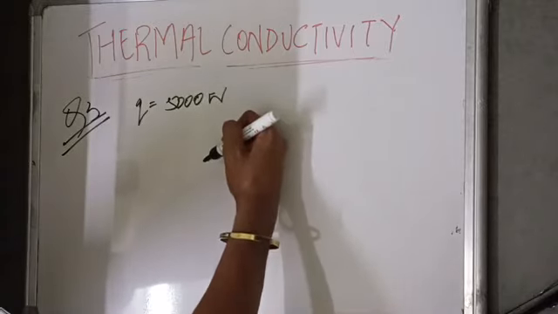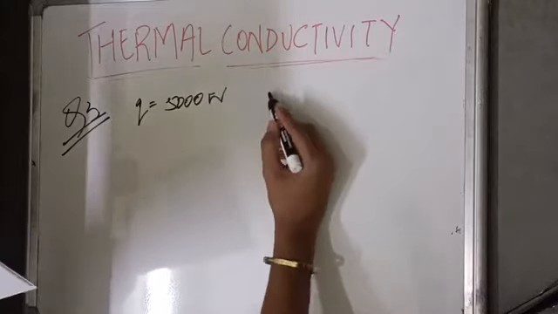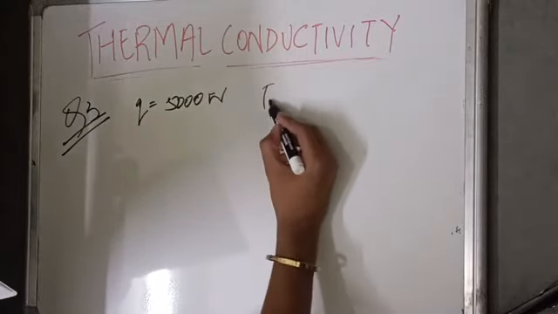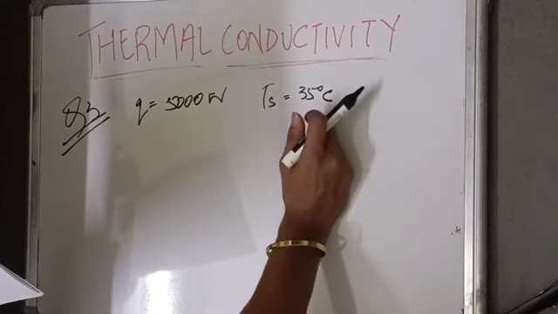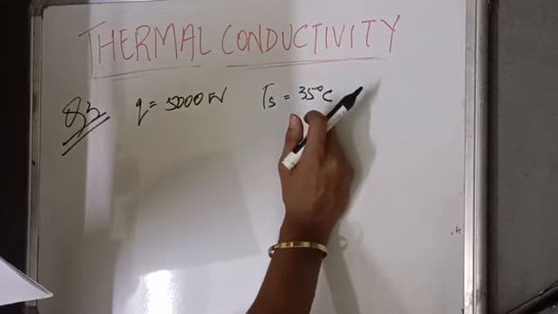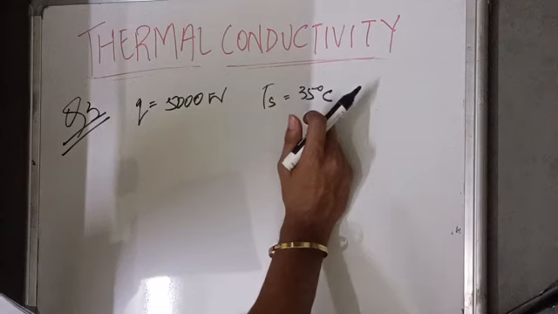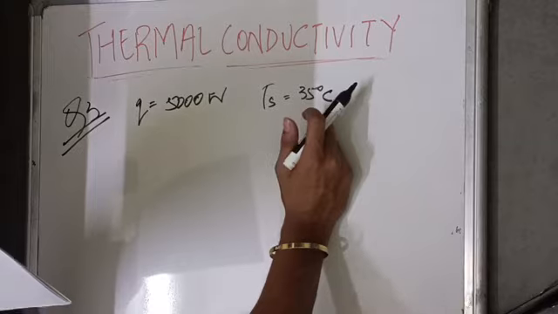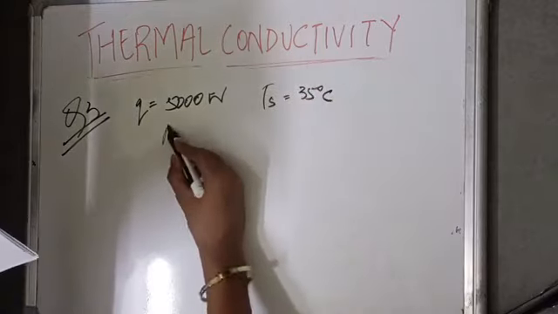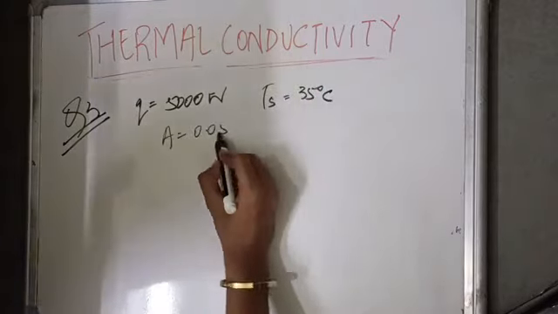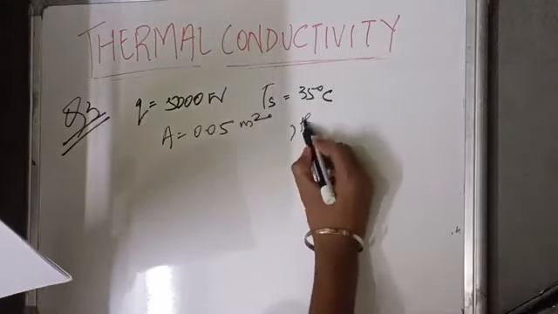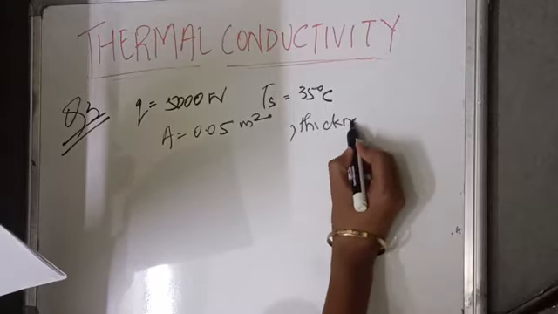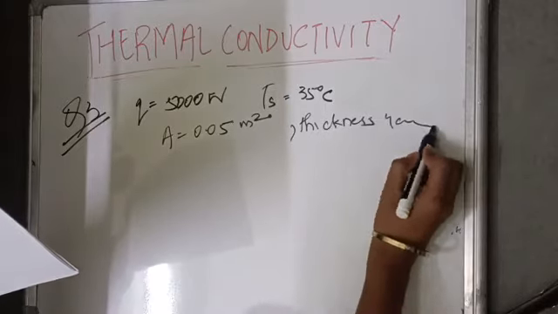The other face is held at a temperature of 35 degrees centigrade. If steady state condition prevails, calculate the surface temperature of the side receiving the radiation energy. The surface area of each face is 0.5 meter square. The plate thickness is 4 centimeters.